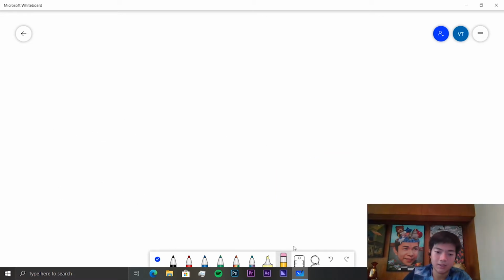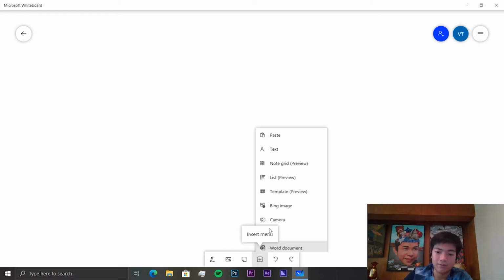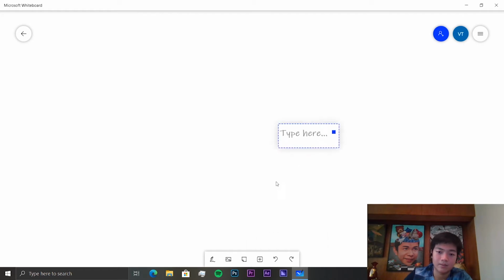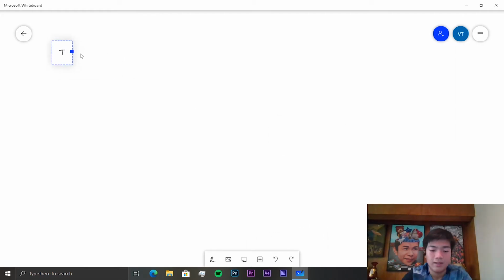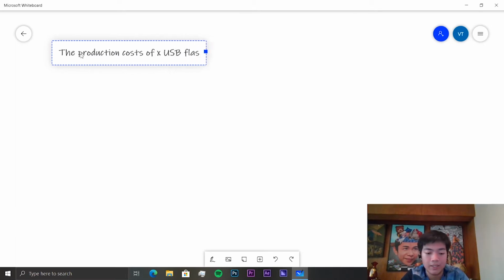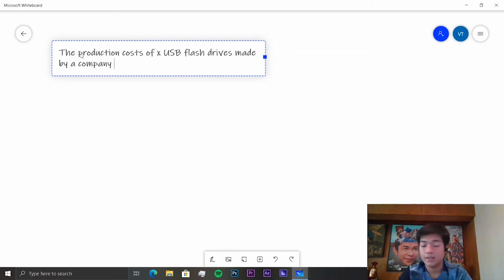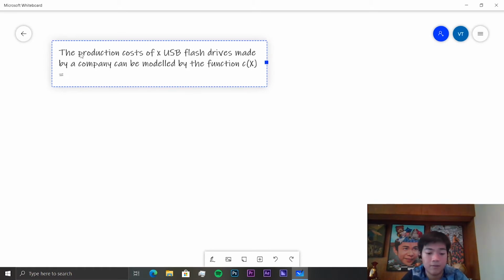Okay, on to the next one. We have the question: the production costs of x USB flash drives made by a company can be modeled by the function C of x is equal to 500 plus 3x.